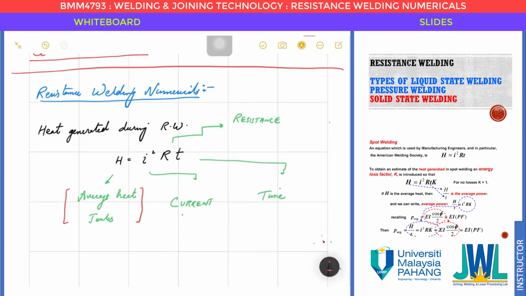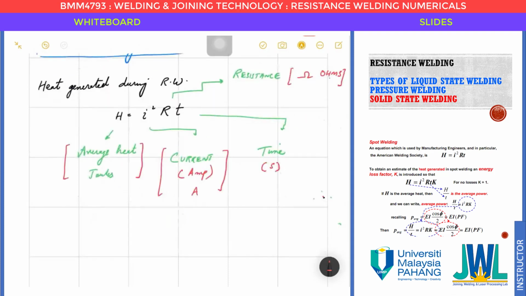The unit of current is amperes, the unit of time is seconds, and the unit of resistance is ohms. So this is the formula for the heat generated during resistance welding.